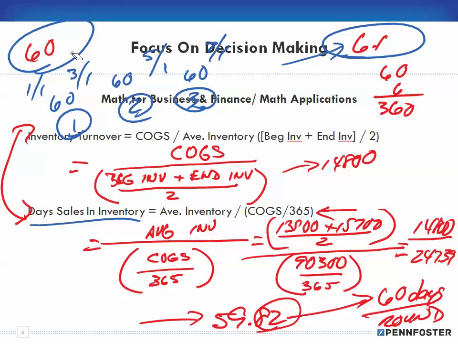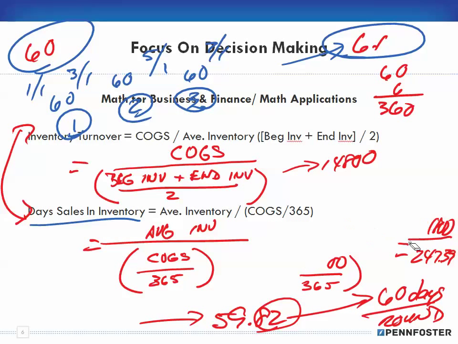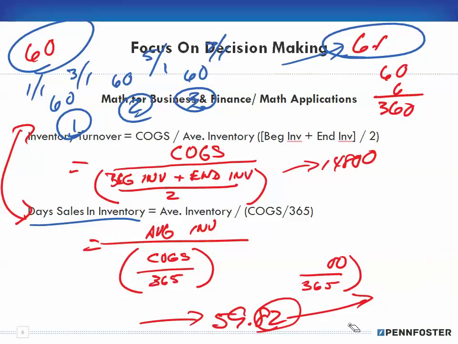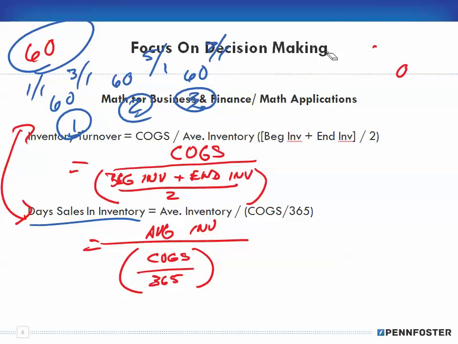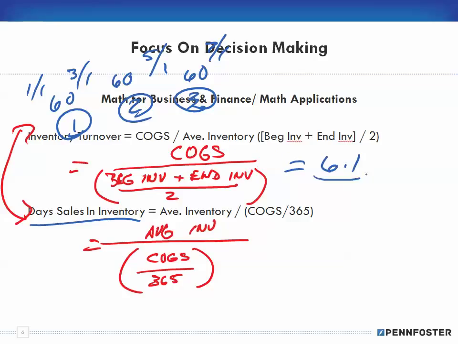Let me go back and erase here and quickly go over it again. Okay, so we said here that our inventory turnover was 6.1. In other words, we turn the entire inventory over 6 times each year.